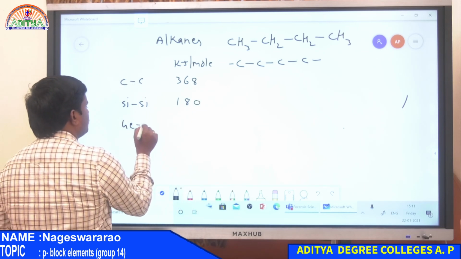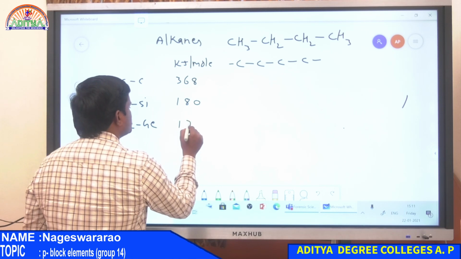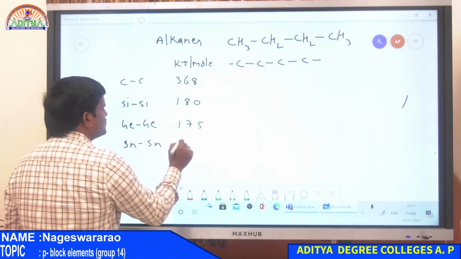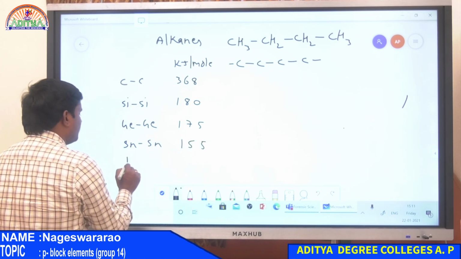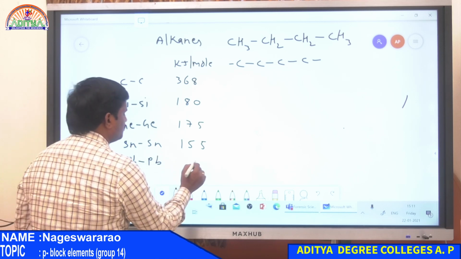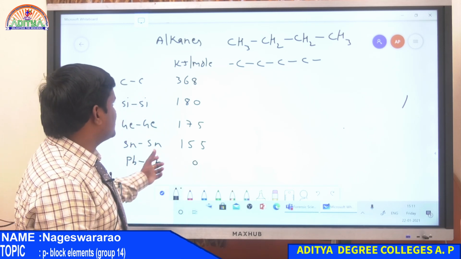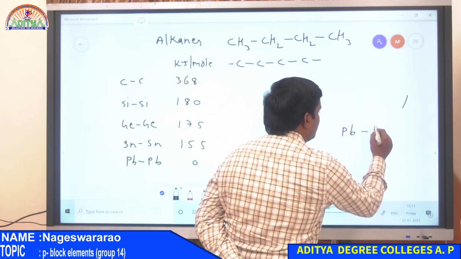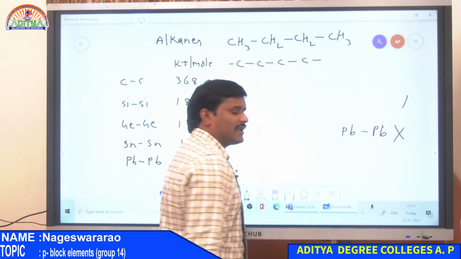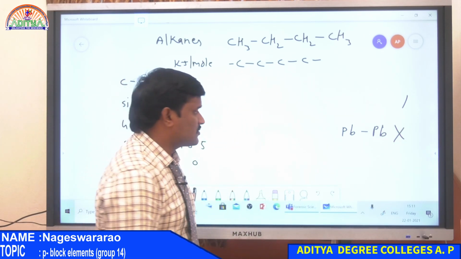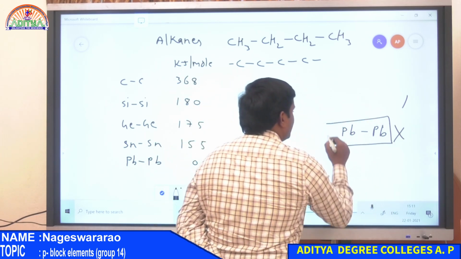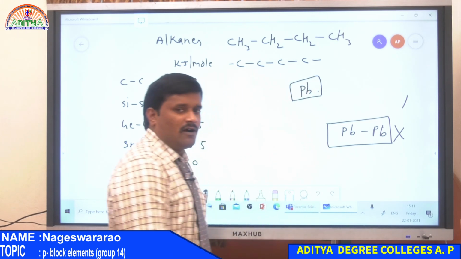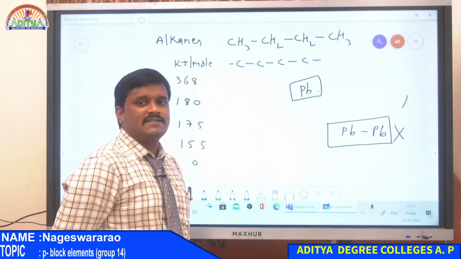Next, germanium, it is 175, and then tin, it is 155, and for lead it is 0. It means lead does not have a catenation property; lead does not form a Pb-Pb bond. This bond is not possible, hence the catenation property of lead is 0. So this is very important. In this family, only lead does not have the catenation property. All elements exhibit catenation except lead.